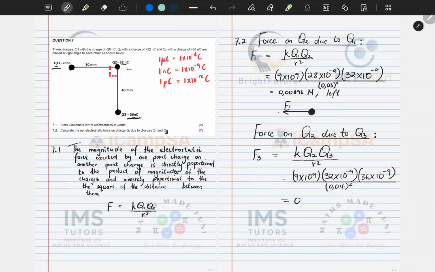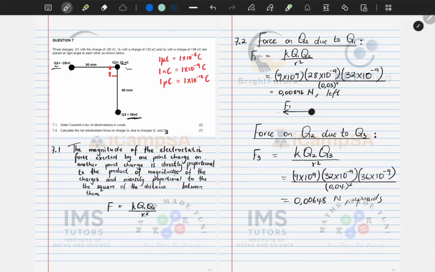Okay, 0.00648. The reason I'm not rounding off now is because I haven't reached my final answer yet. So for this one, if you check, you'll have, let's say this was Q2. Due to Q3, there'll be a repulsion. So Q2 will be repelled up. Right, so we can say F3 may be upwards.